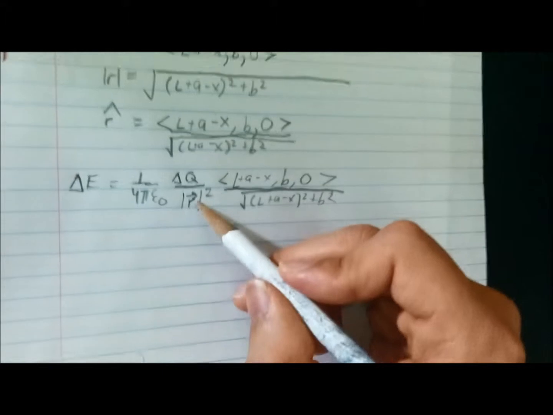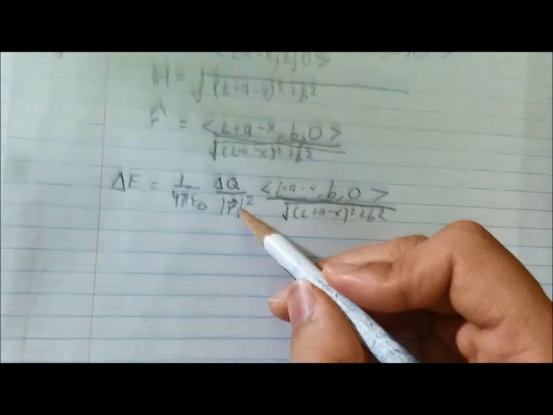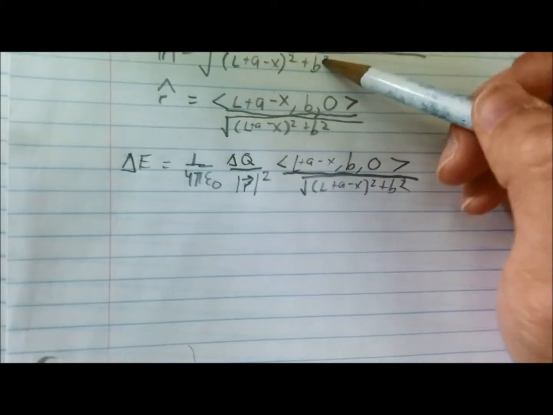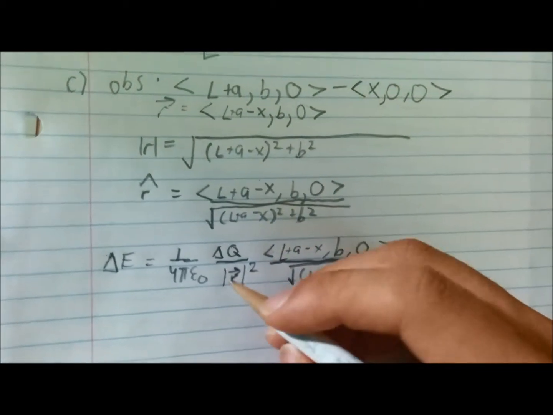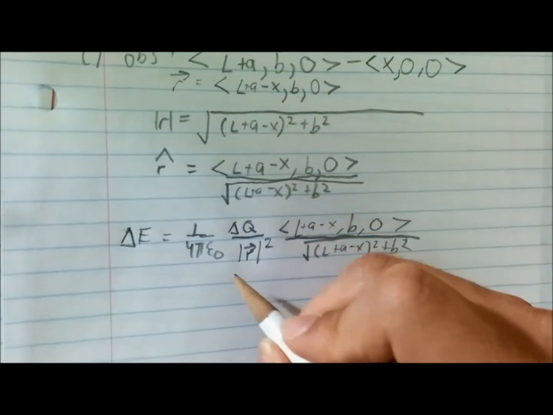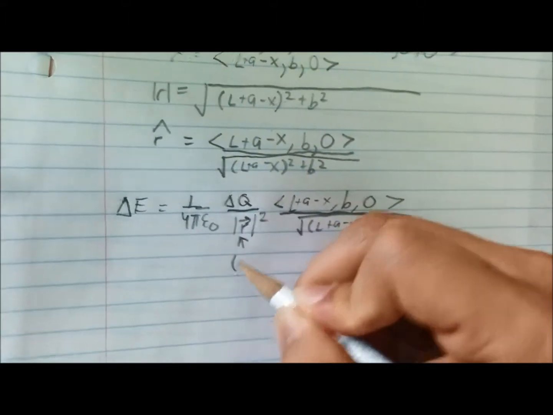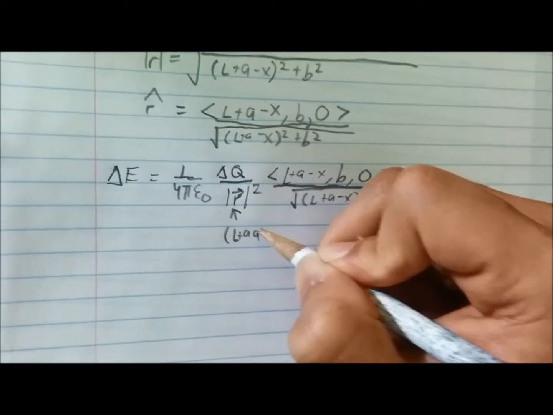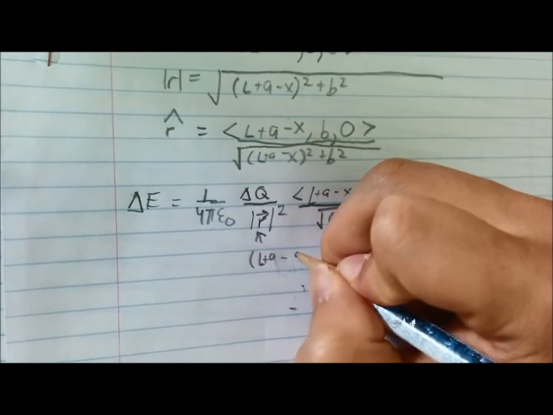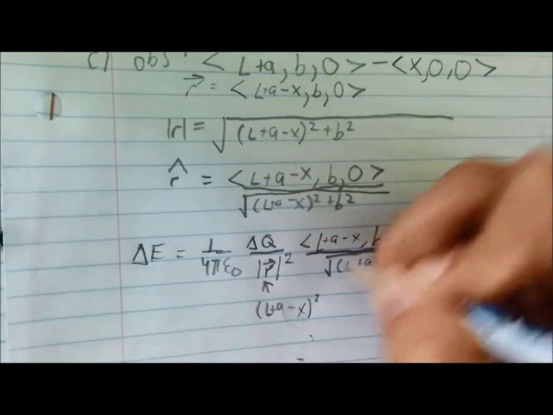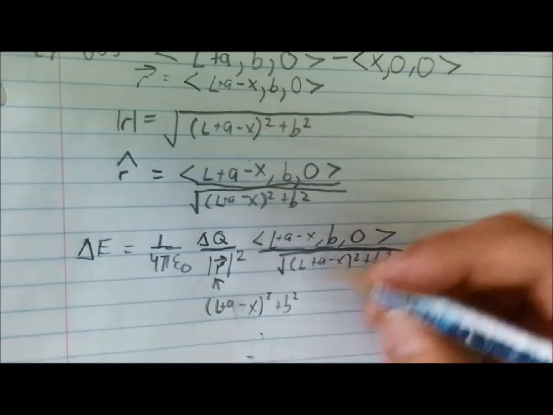You can plug in the R magnitude from earlier, so if you square that, it's just (L plus A minus X) squared plus B squared by itself, since the square got rid of the square root.